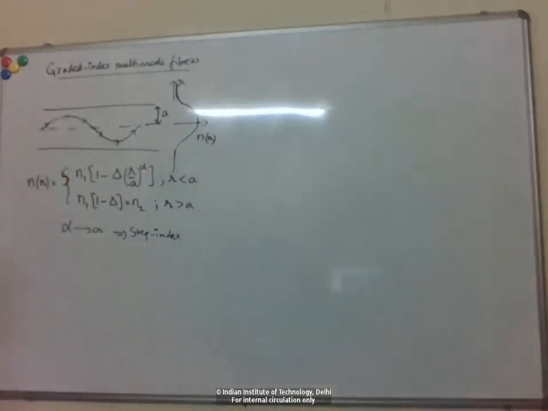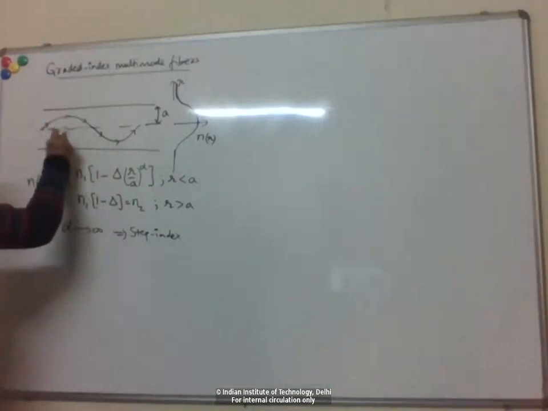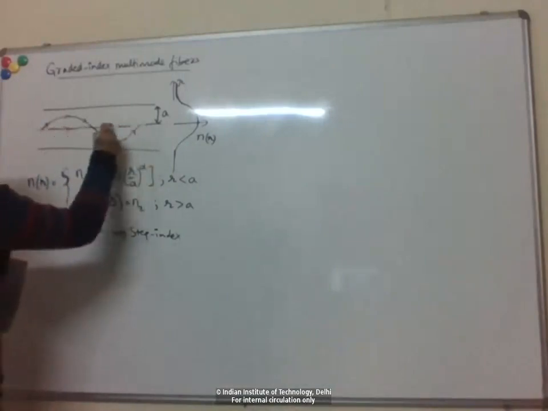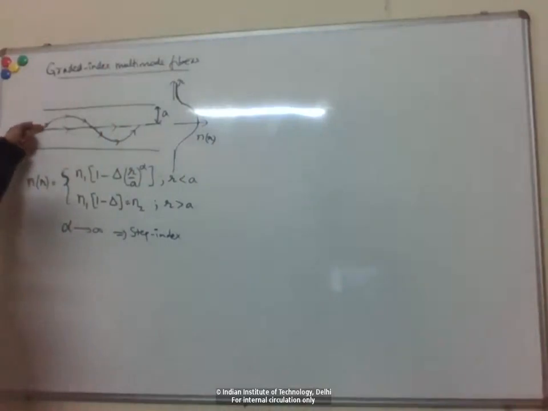And so how does this help with dispersion? The problem we saw in step index was that the shortest path is taken by the ray going straight through. Similarly, in this case, you can imagine a ray going straight through along the axis, so it doesn't see any index change and just goes straight through.